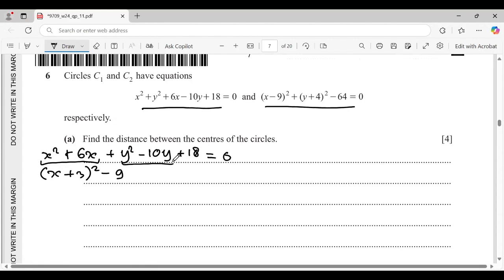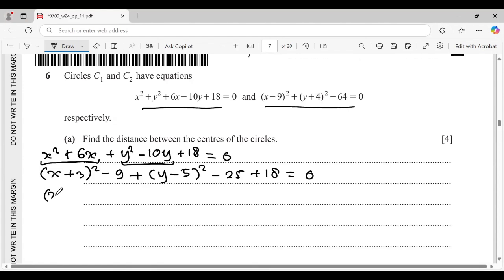And for this part, I would like to write (y minus 5) squared, because 2 times y times minus 5 becomes minus 10y. But we have to subtract 25, because minus 5 squared is 25. And plus 18 equals 0.